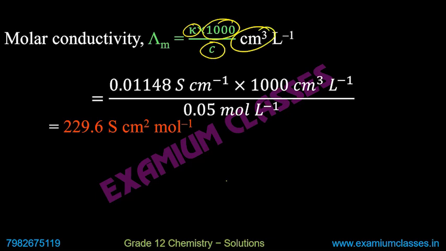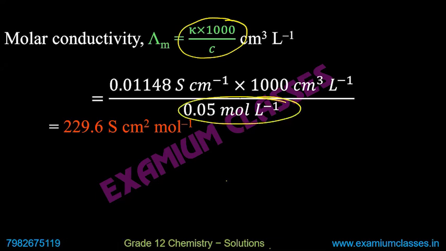in centimeter per liter. So sometimes this formula is also used, and you need to be cautious that if you are using this formula here, you will be writing C in mole per liter. You are not changing the dimensions here.